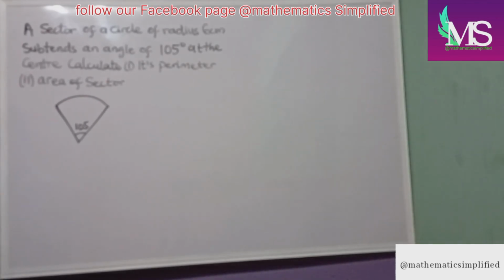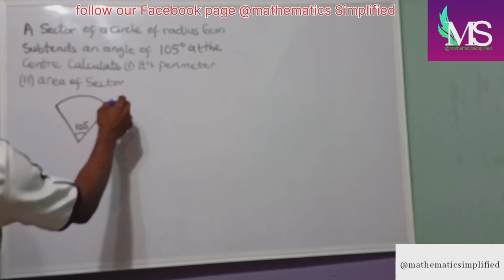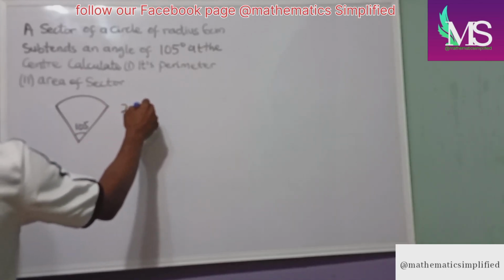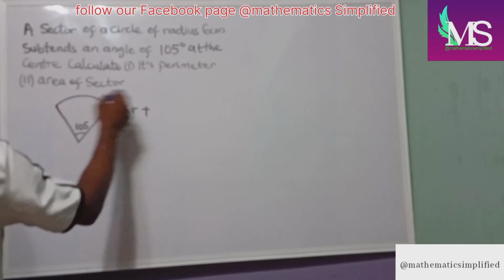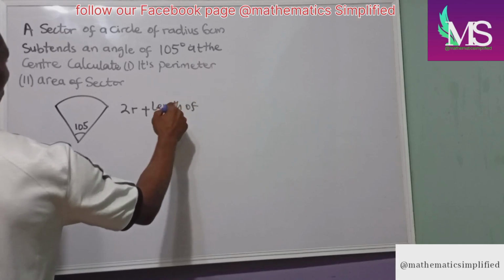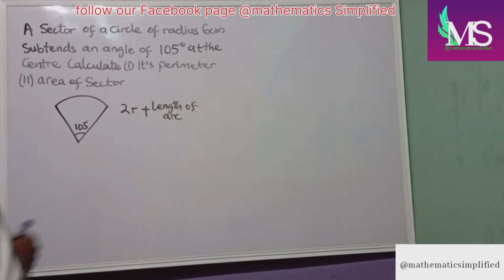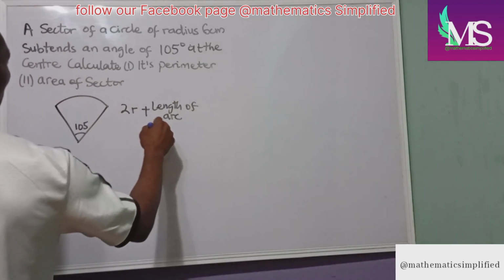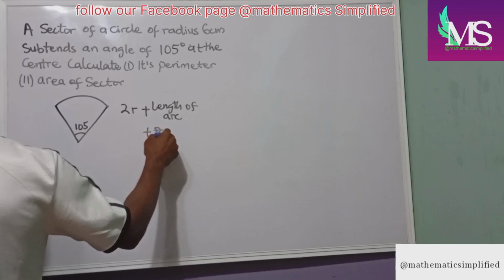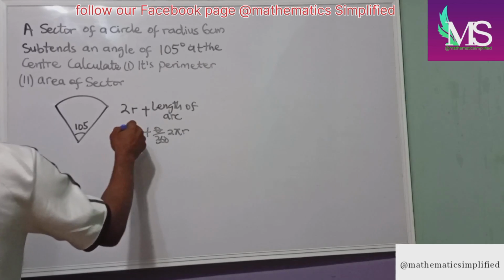So for us to calculate the perimeter, we are looking at our 2 radii plus length of arc. That will give us our perimeter. And the formula for length of arc is theta over 360 times 2 pi r.